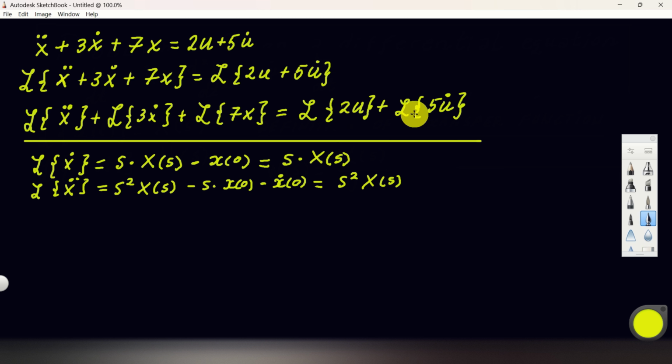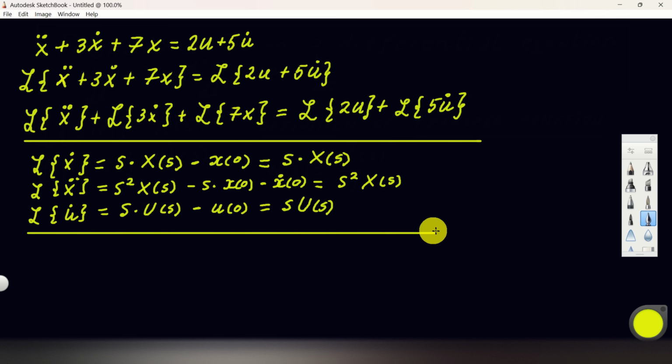Similarly, for the inputs, the Laplace transform of u dot is s multiplying capital U of s minus the initial condition for the input in the time domain. Since the initial conditions are neglected, we obtain s times U of s. Okay, let's now use these formulas.